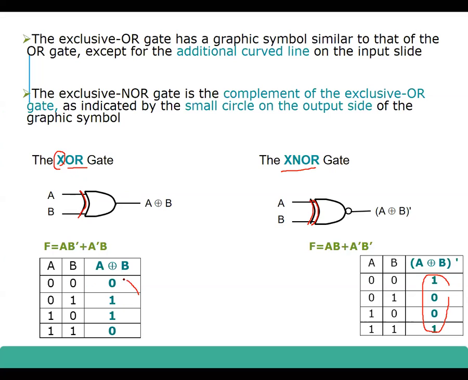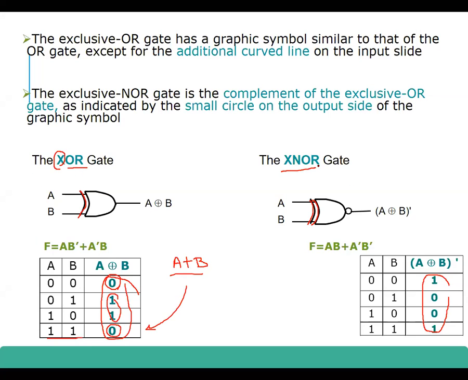If you consider A and B, you can see this gets 0 and the last combination also is 0. So these two are similar, and this one is similar. It is only different in the XOR gate. For the 1-1 input combination, you get 1 in OR, however not in XOR.